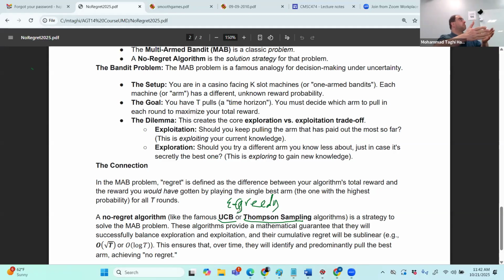Let me use the routing example, which might be easier. You have several routes that you want to take between A and B. This is point A, this is point B, and there are several different routes that you may take: route 1, 2, 3, 4.